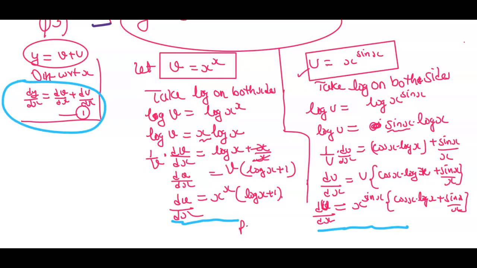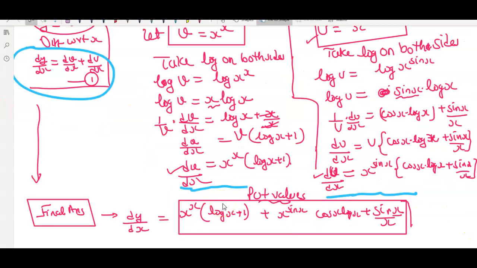Now I put the values of dv by dx and du by dx, so here I am going to get the final answer. Now you can see easily that I have got the final answer.